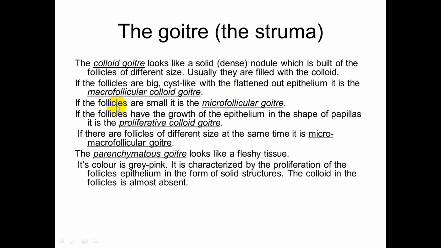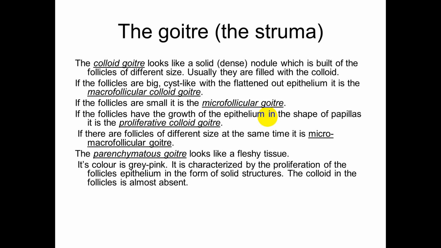If the follicles are small, it is a microfollicular goiter. If the follicles have growth of the epithelium in the shape of papillae, it is a proliferative colloid goiter. If there are follicles of different size at the same time, it is a macro-microfollicular goiter.